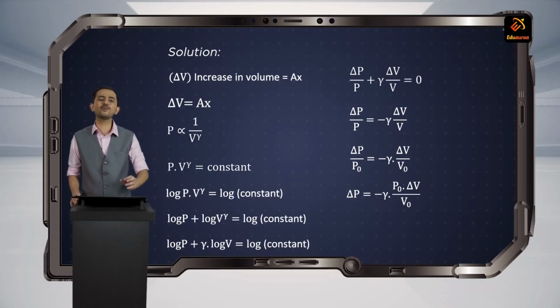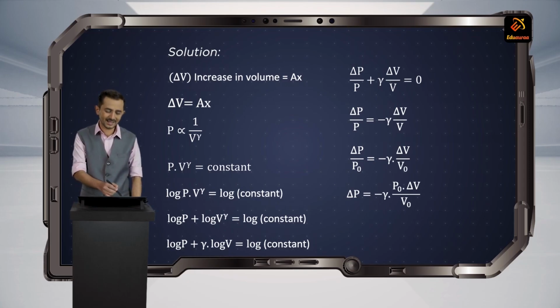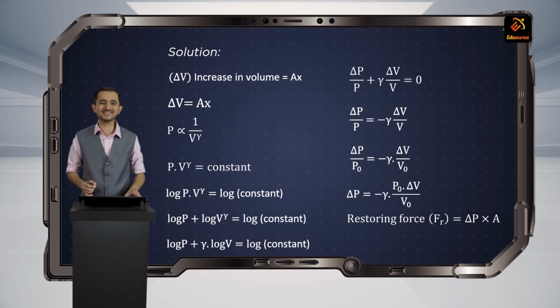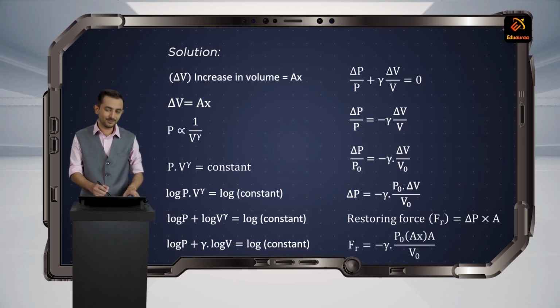So now we can think about finding the formula for restoring force. Let's say restoring force is denoted by Fr over here. So restoring force can be taken as delta P multiplied by area of cross section A. We have formula for delta P and that looks like minus gamma into P naught into delta V, the whole upon V naught, the whole into area A. Students, where there is delta V, we can use A times x.